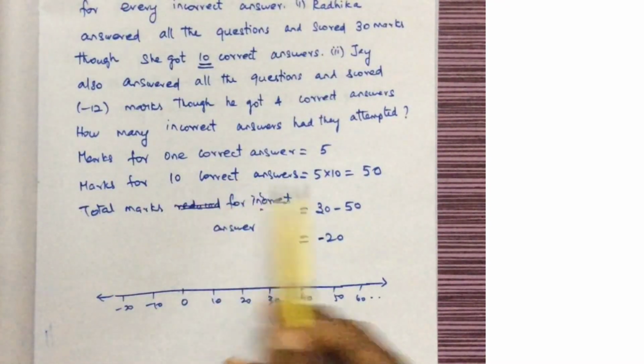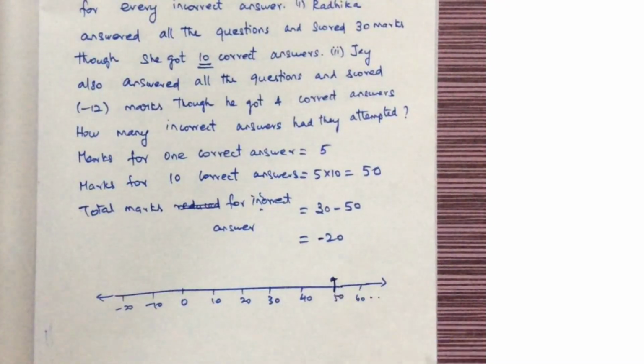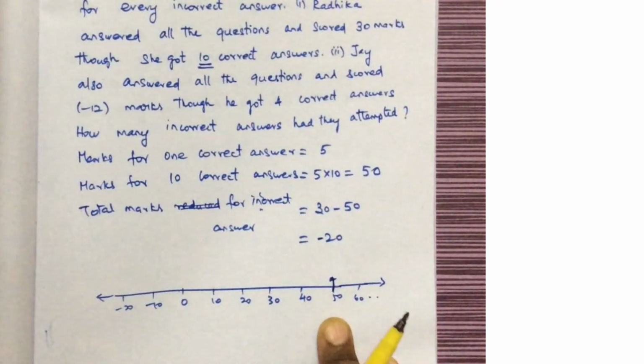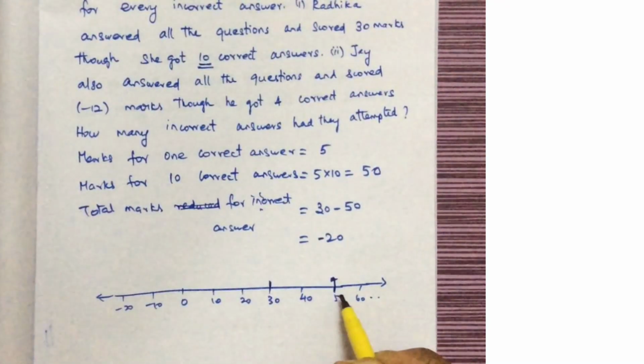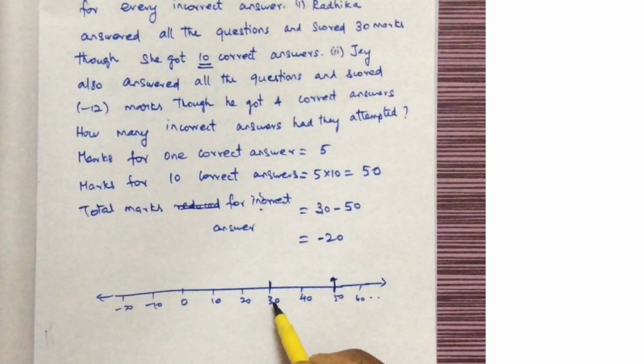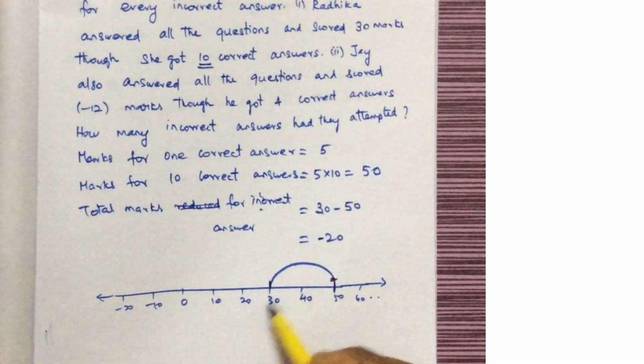For 10 correct answers the mark is 50, but due to incorrect answers the mark is reduced and the total score came to 30. Now from here to here, how many steps?